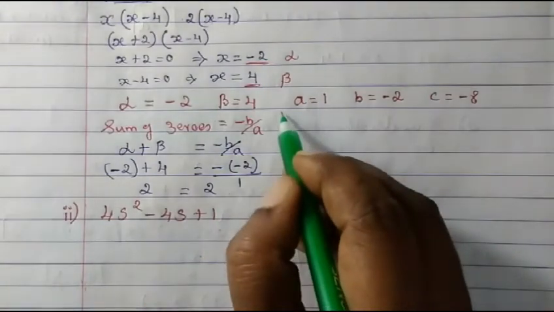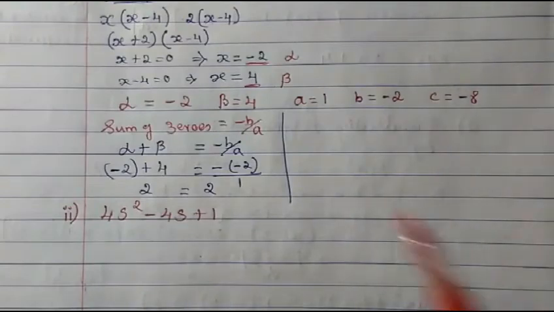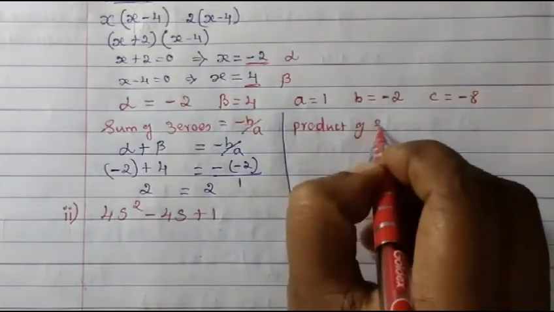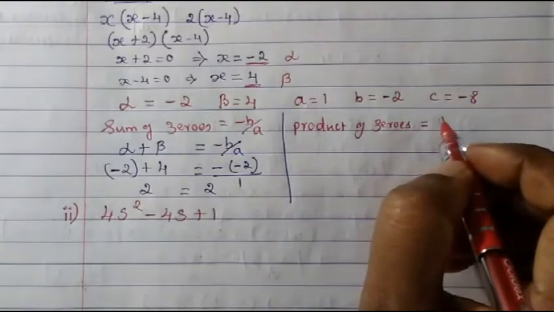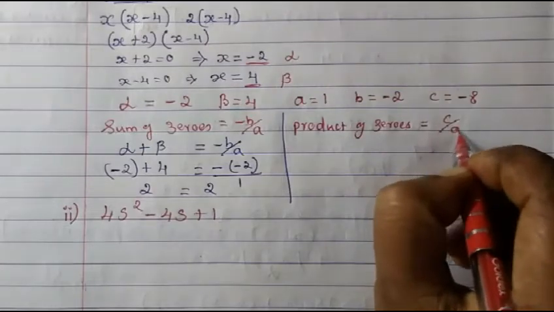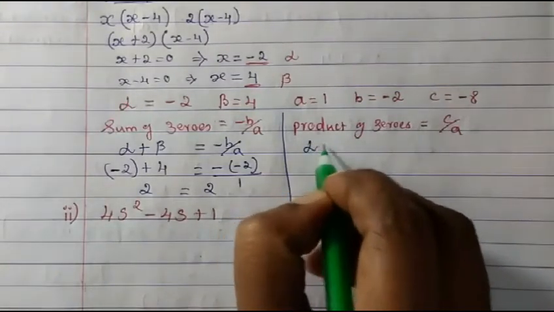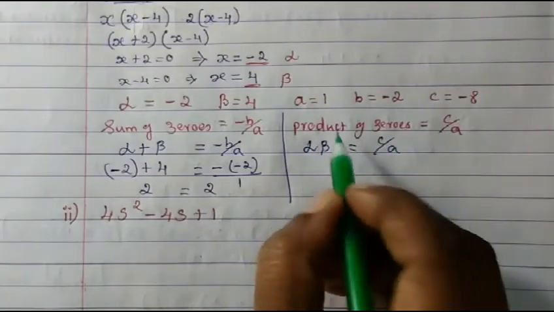In the same way we have to do it for the product of zeros. This formula I have taught you in the introduction. So product of zeros is c upon a. So product of zeros is alpha into beta, equal to c upon a. Alpha is what?